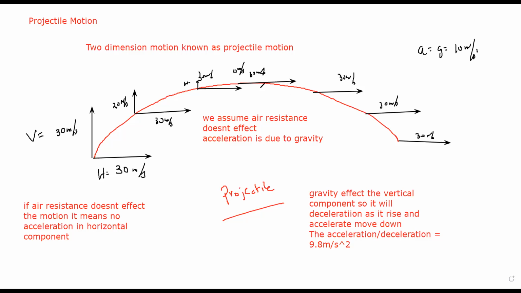But as it moves down, the vertical velocity will start to increase. So it will become 10, then 20, and then 30. So vertical velocity changes: as it rises, it decreases; as it moves down, it increases. But both acceleration and deceleration will be the same, which is due to gravity.